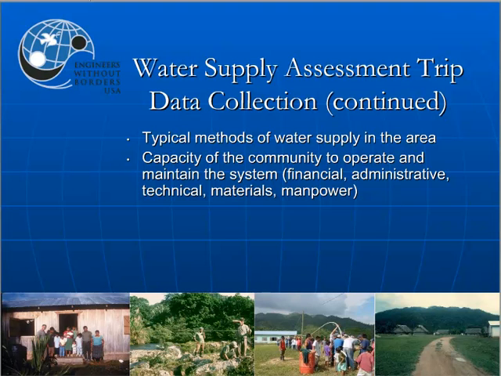So if, for example, you put together a project that includes a well and a pump with a solar panel, then you have to make sure that the community, firstly, has the financial resources to maintain this and eventually to replace the pump, but also the technical resources to maintain the photovoltaic system, the pump, and the control system that maybe goes between the pump and the water tank.